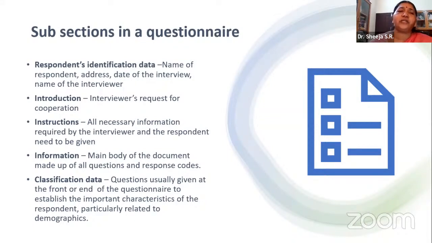Then classification data, that can be another subsection. These are questions usually given at the front or end of the questionnaire to establish important characteristics of the respondents, particularly related to demographics.